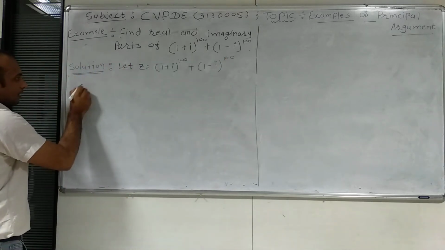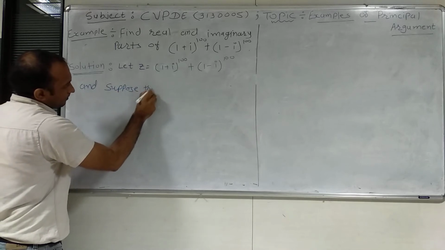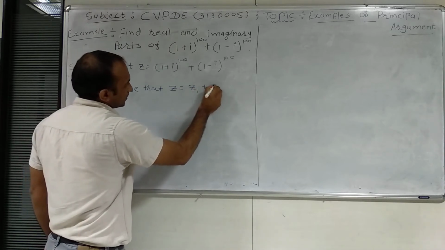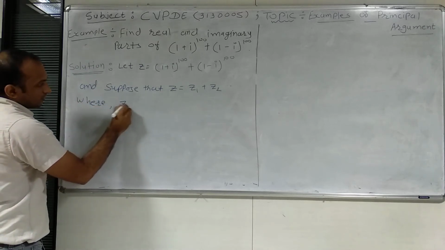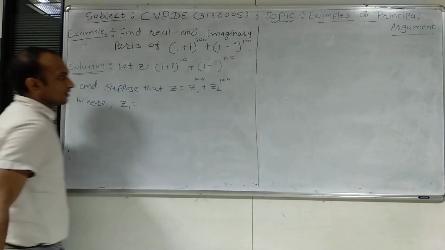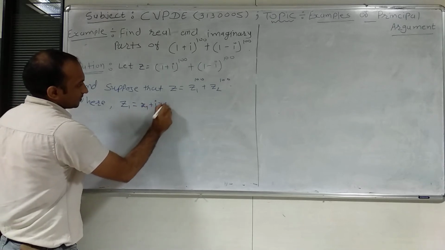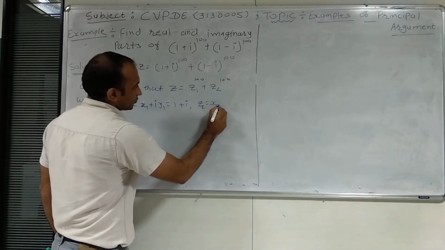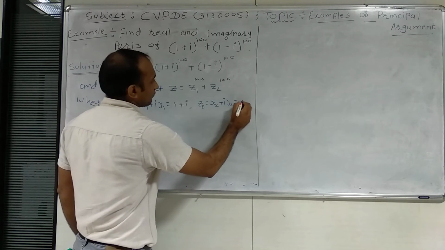Okay, and also suppose that z equal to z1 plus z2, where z1 is here z1 raised to 100, not only this z1 raised to 100 plus z2. z1 equal to x1 plus i y1, this equal to 1 plus i, and z2 equal to x2 plus i y2, and this equal to 1 minus i.